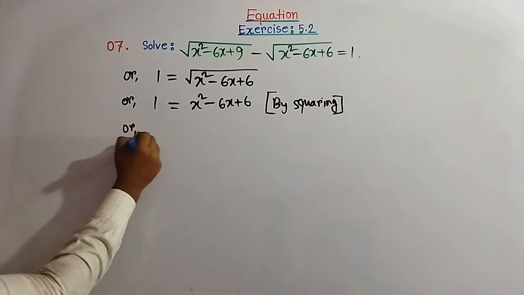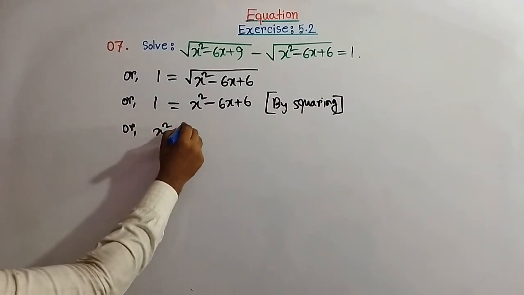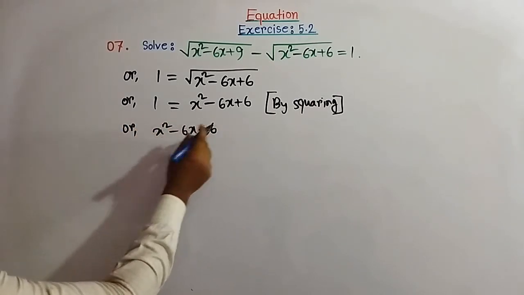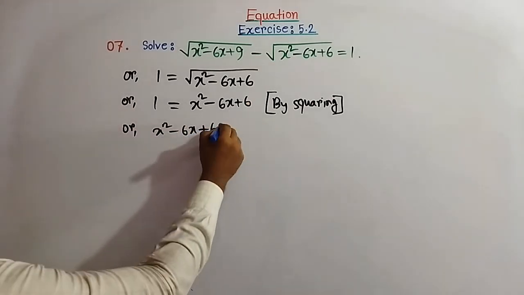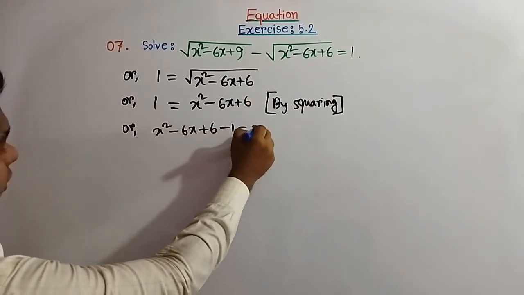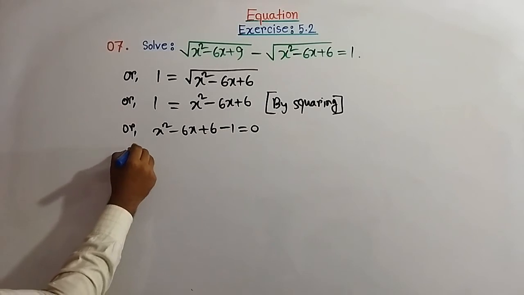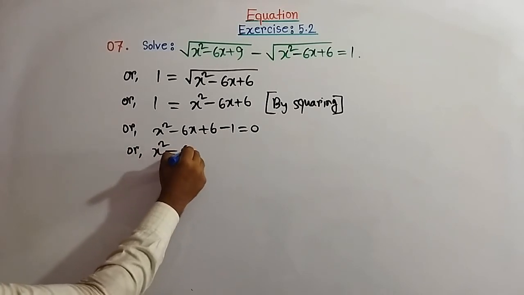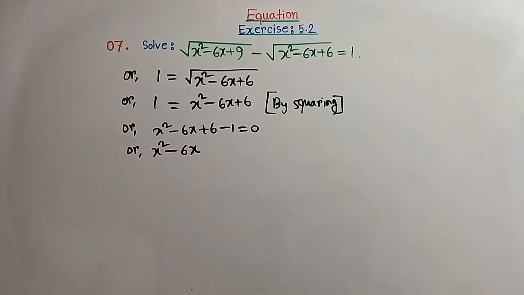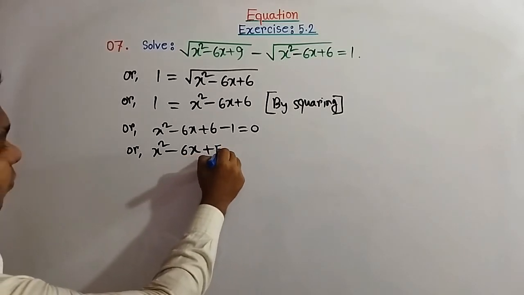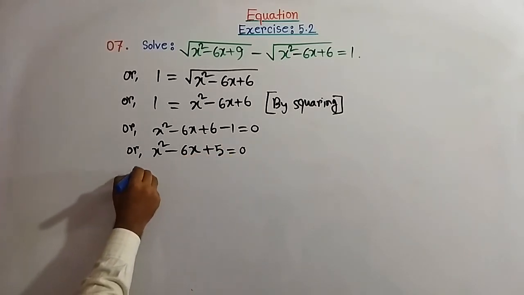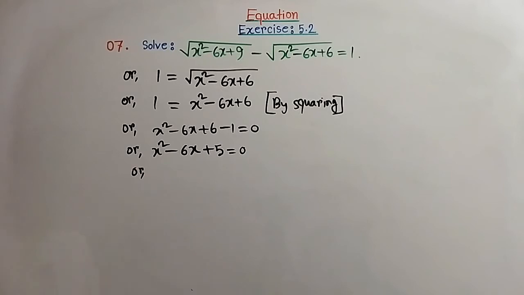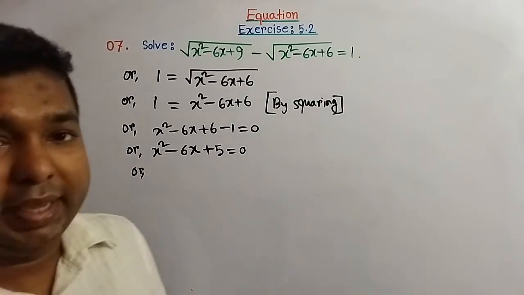Or here x² − 6x + 6, then +1 becomes −1, equal to 0, or x² − 6x + 6 − 1, that is x² − 6x + 5 equal to 0. Now we have to factorize this left hand side for solving this equation.